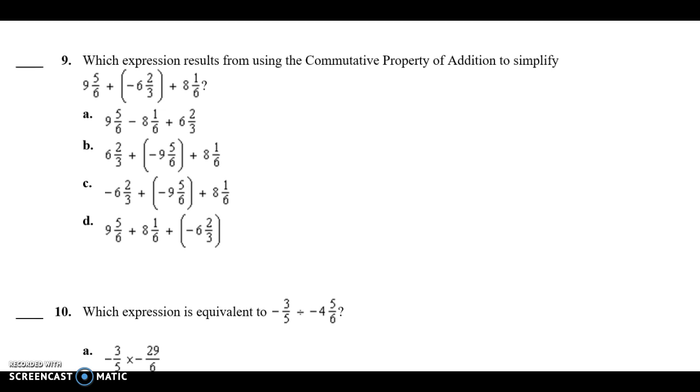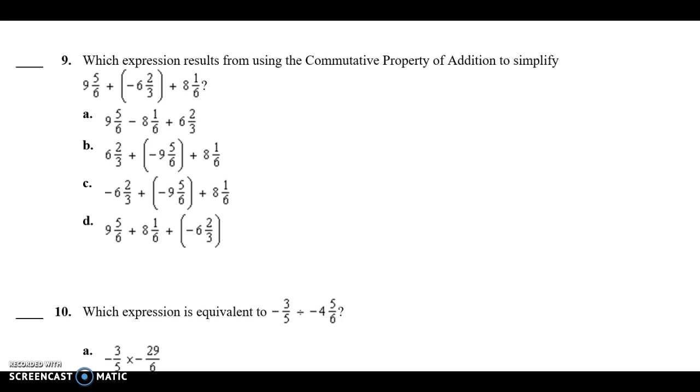Number 9. Which expression results from using the commutative property of addition to simplify 9 5/6 plus negative 6 2/3 plus 8 1/6? A. 9 5/6 minus 8 1/6 plus 6 2/3.